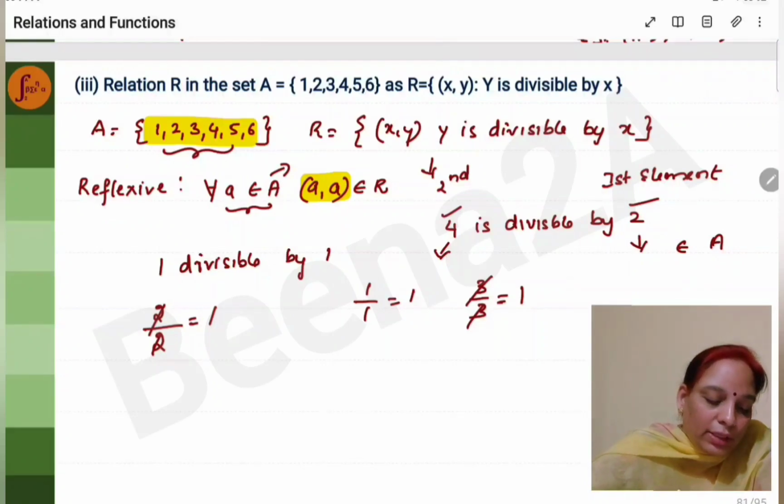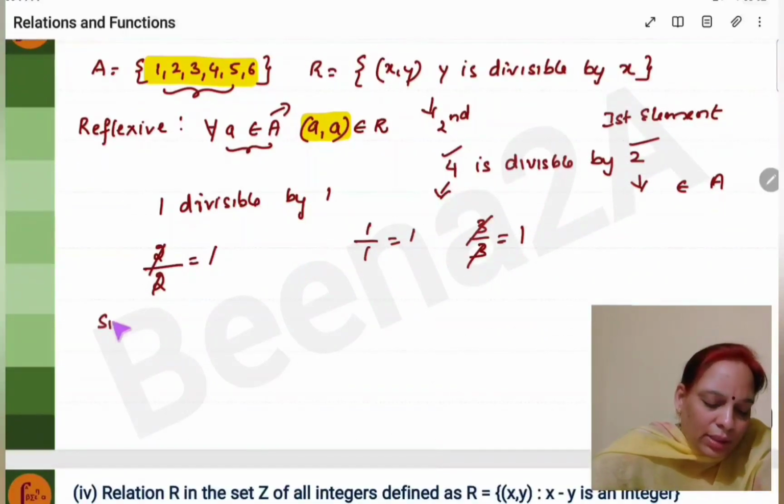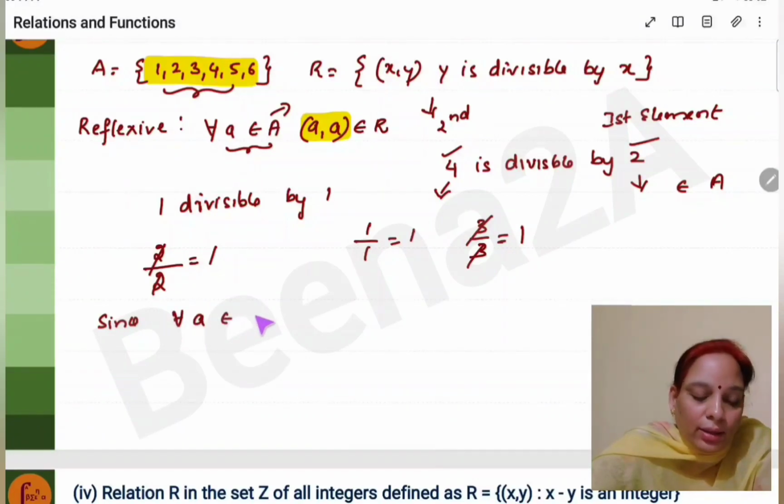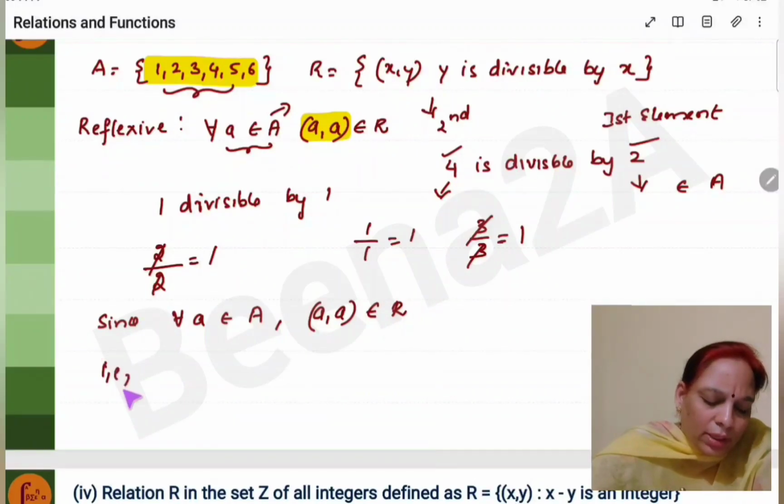So you can say, for all A that belongs to A, (A, A) belongs to R. You can also write it as x, because they've given it in terms of x and y.